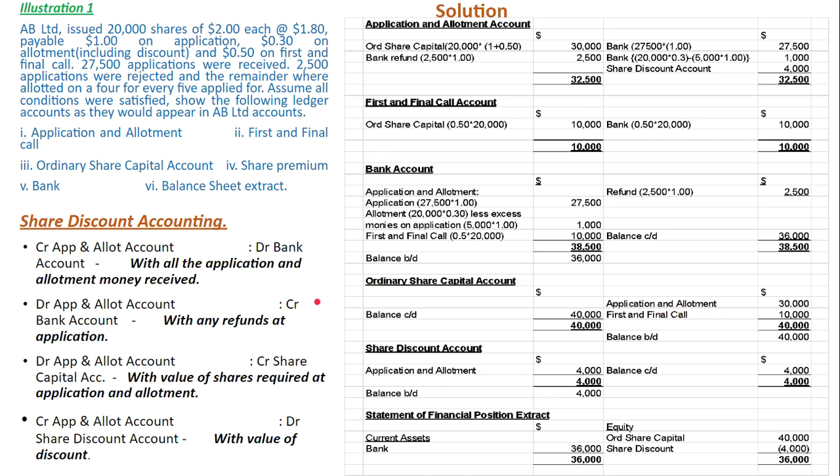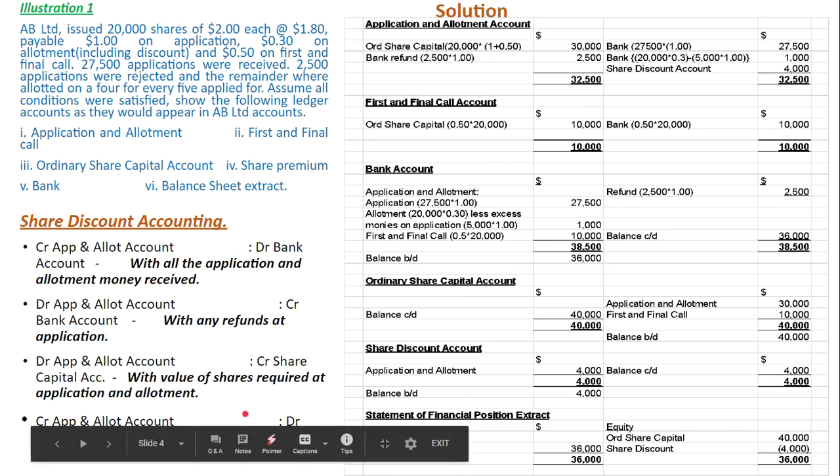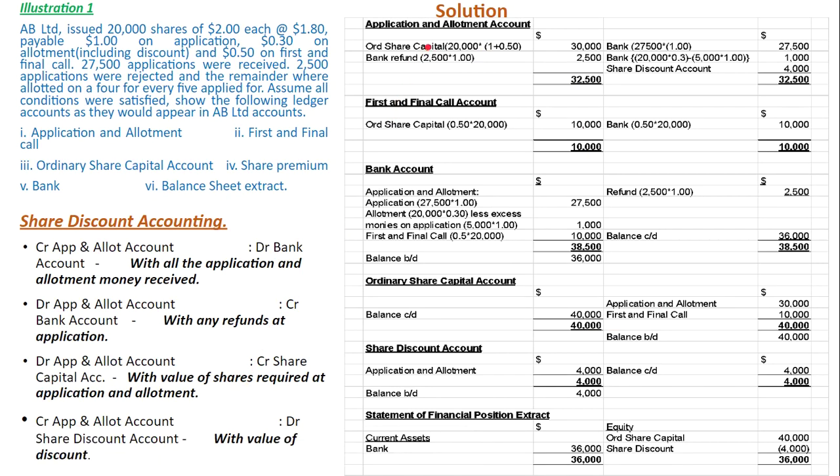Next accounting entry, we are told to credit application and allotment account and debit share discount account with value of discount. So we go to our application and allotment account. On the credit side, narration, share discount account, we are told in our question that 20,000 shares were issued.